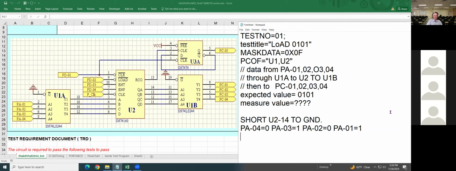Okay, now it failed for sure. So look, you see you measure 0, 1, 0, 1. However, when you run it, they will come out 0, 1, 0, 0. Correct?